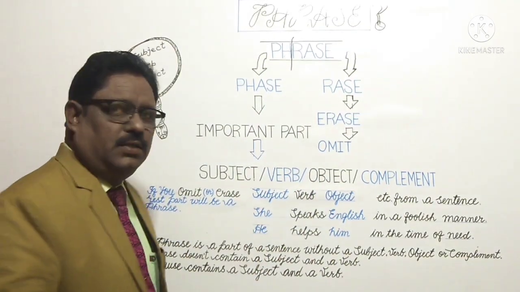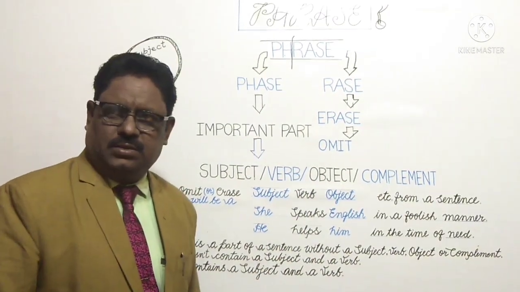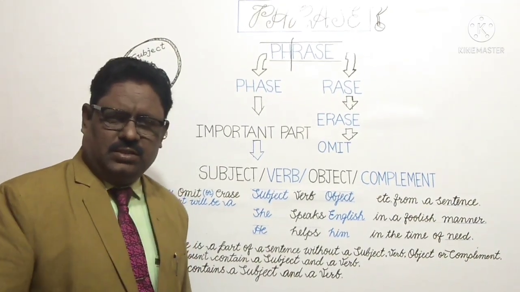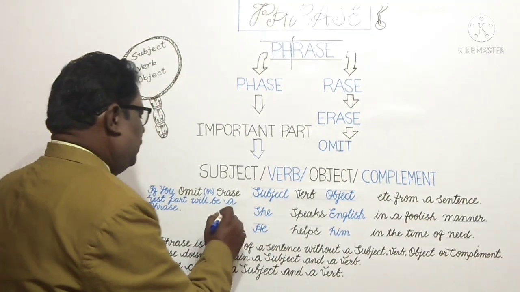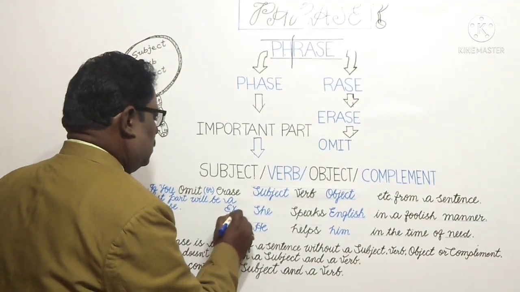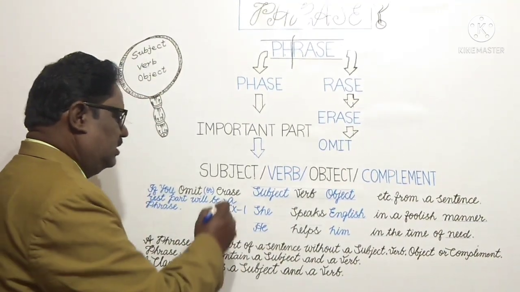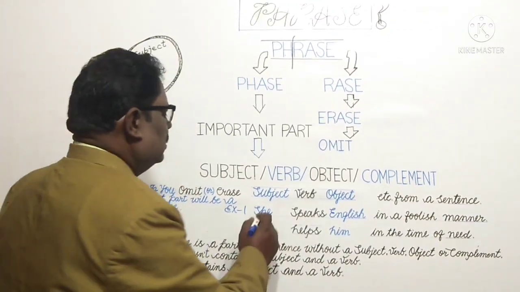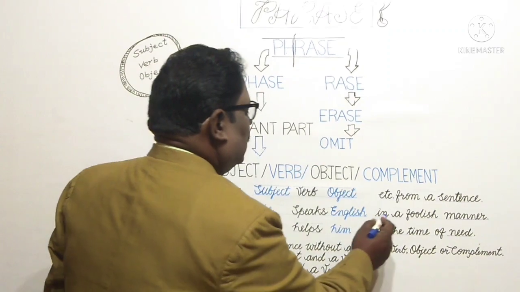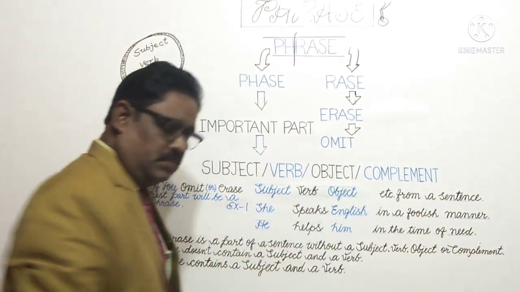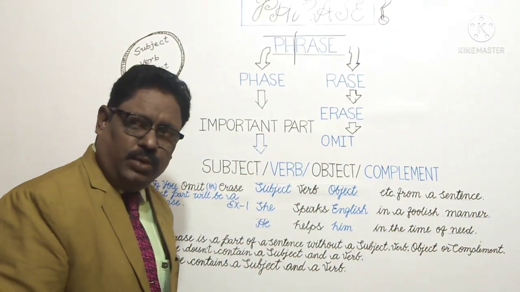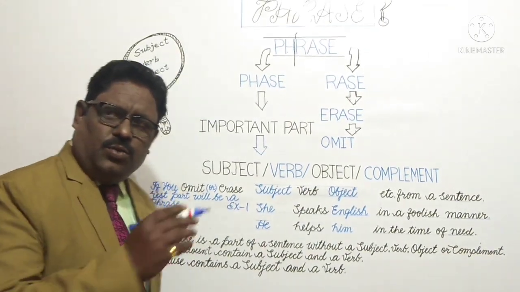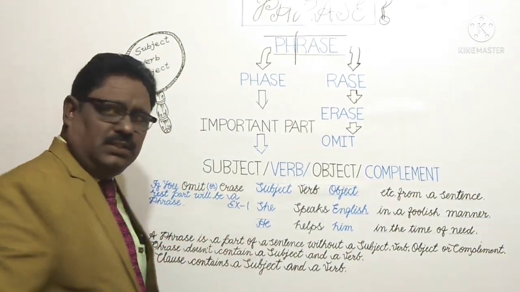I have written two examples to clear phrase. Let's see example number 1. Example number 1 is, the sentence is, she speaks English in a foolish manner. Look at here. You know well what is subject in the sentence.